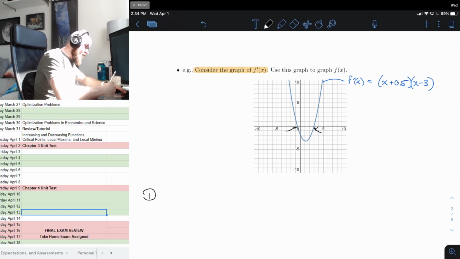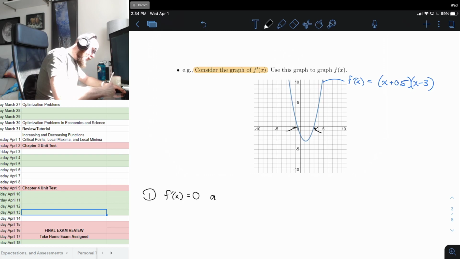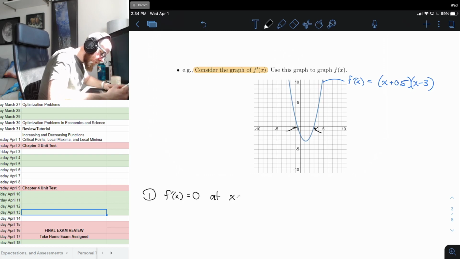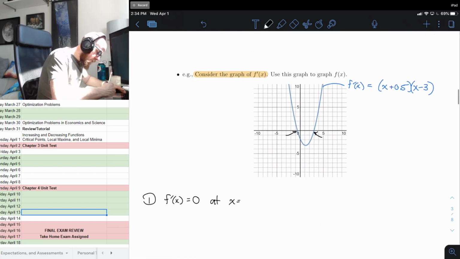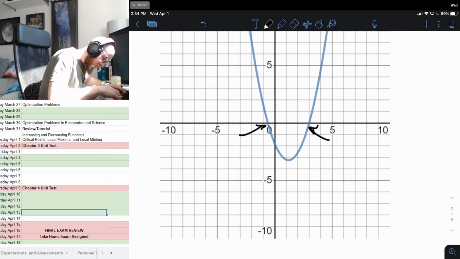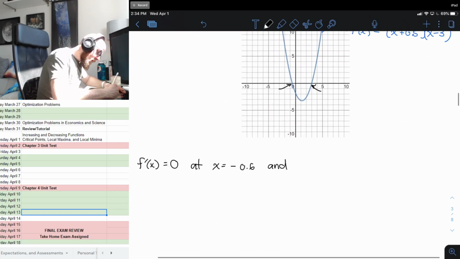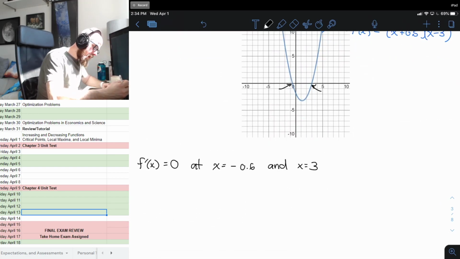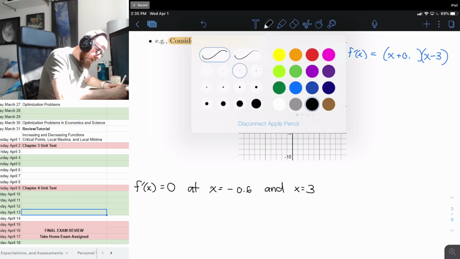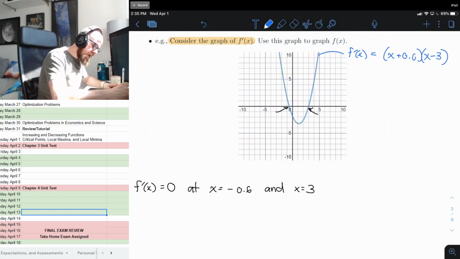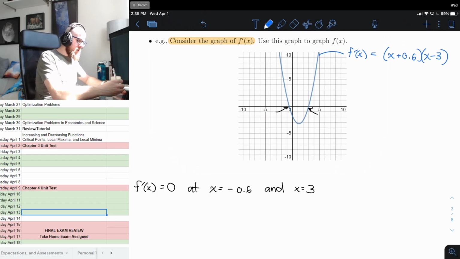So notice that f prime of x is equal to 0 at x equals, what is that, about negative 0.6, and at positive 3 there. So our function would probably be something like x plus 0.6 and x minus 3. So that looks like a pretty good function.